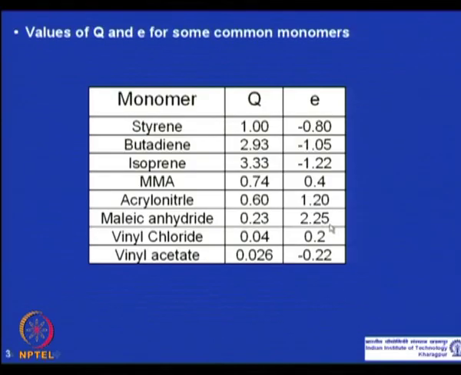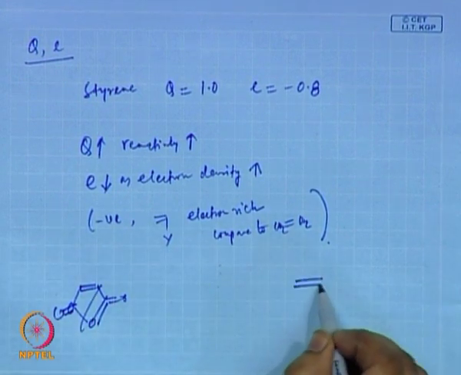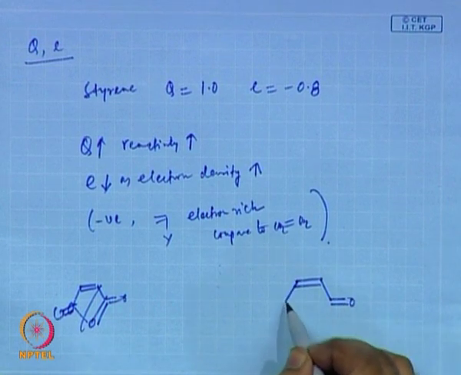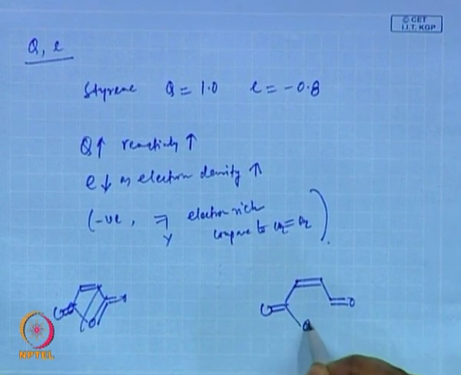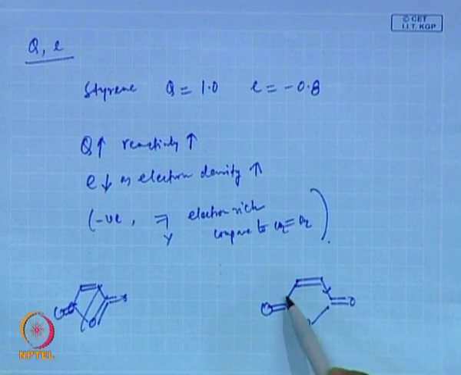Look at this monomer, maleic anhydride. We know the structure of maleic anhydride. Now, this has two very strong electron withdrawing groups.